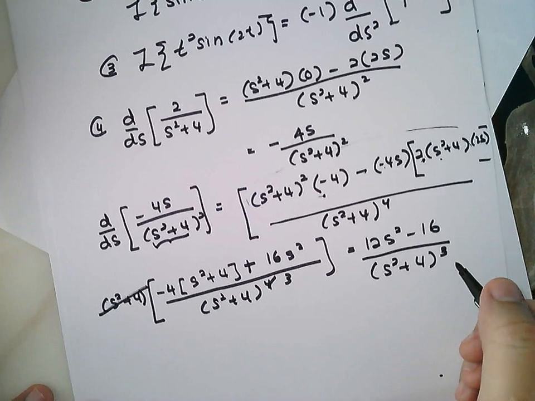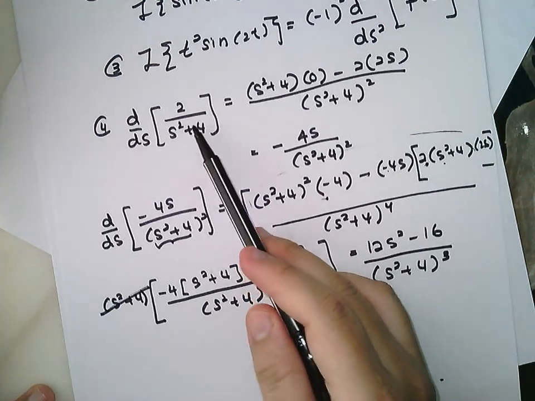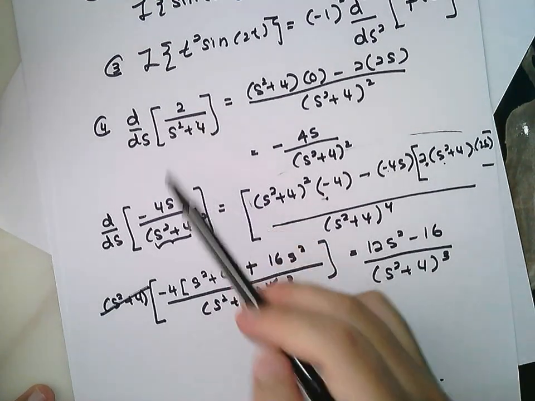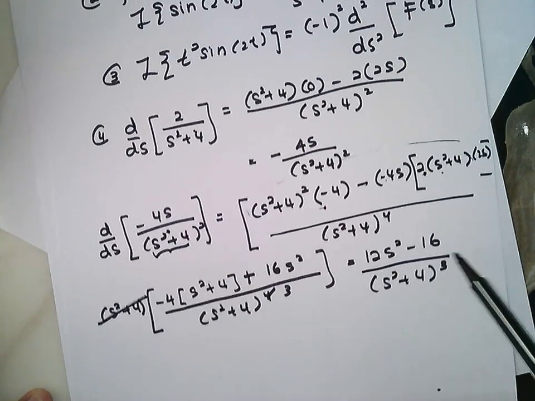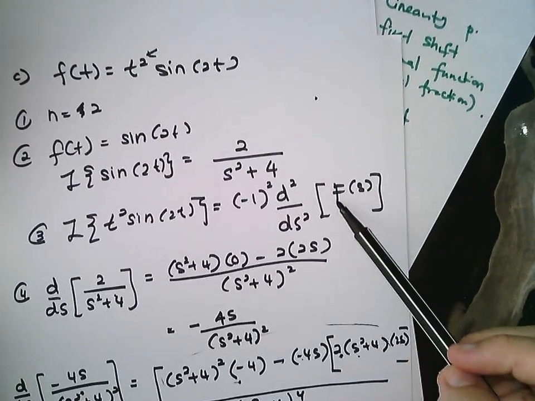Okay, so since you already differentiated the function twice, this is the first one, this is the second one. Now take this function and substitute back into here.